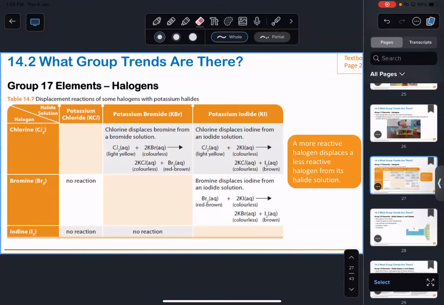So in this case, I have chlorine plus potassium bromide. Chlorine is more reactive. Chlorine can kick this guy out immediately. When I kick out, I'm replacing the bromine. I form KCl. So potassium bromide becomes potassium chloride. When I kick the guy out, where does he go? He has to go somewhere.